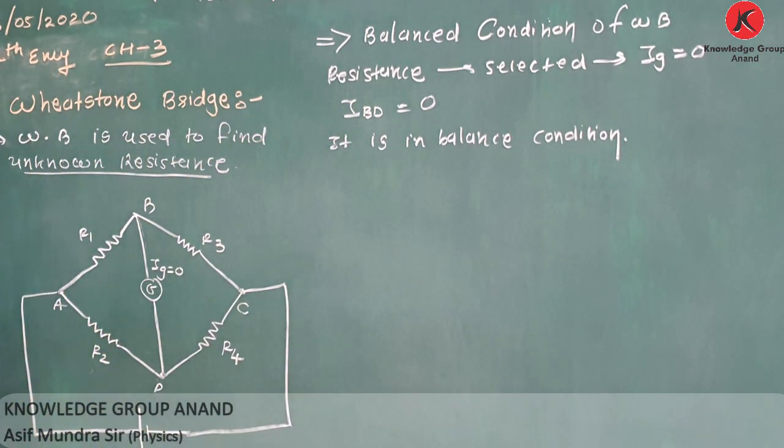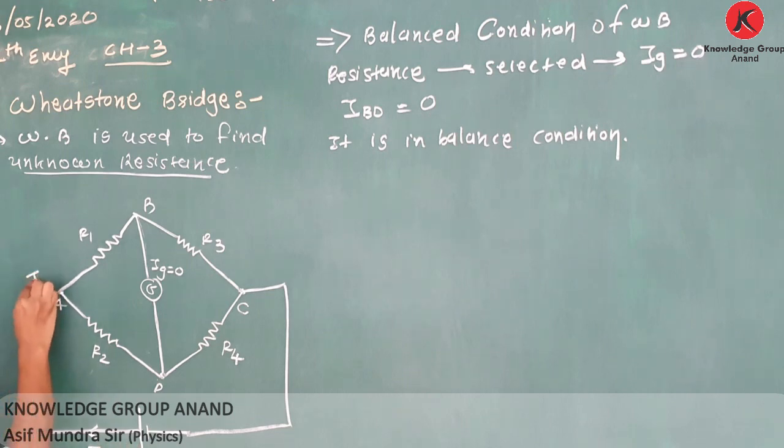How? I am assuming, see here in the figure. Let the current flowing from this cell be I. From the positive terminal of this cell, I am assuming the current flowing is I. At point A, this current I is divided into branches.